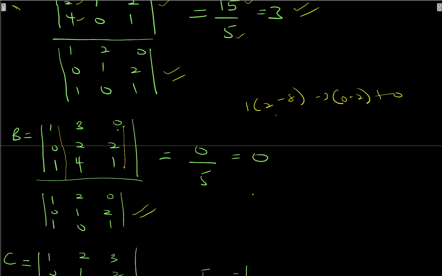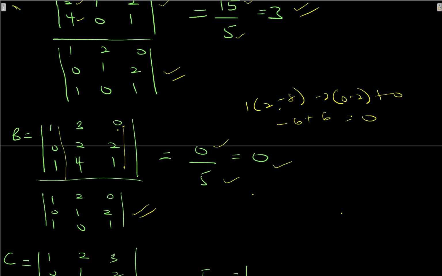So we have minus 6, then minus 3 times 0 minus 2, which is negative 2, so that's positive 6. So we obtain 0. This means that the numerator is a singular matrix, or a non-invertible matrix. You can read more on matrices. So we obtain 0 over 5, which is 0.